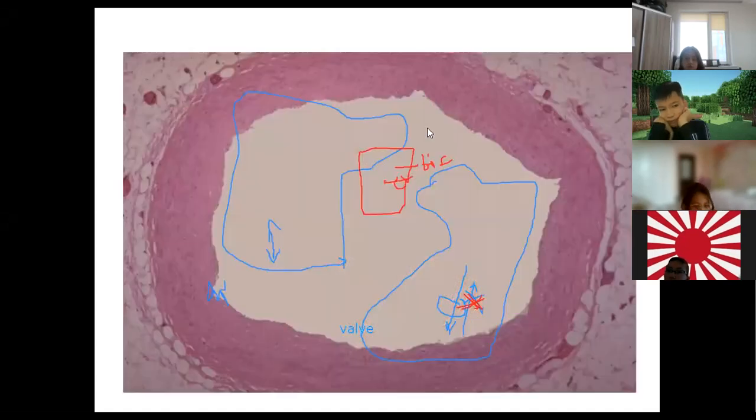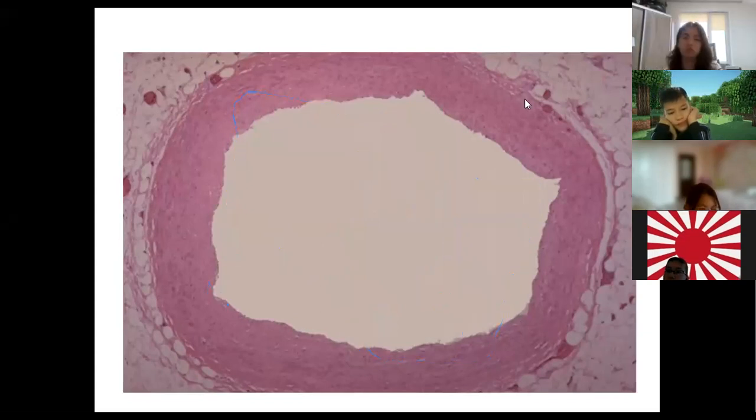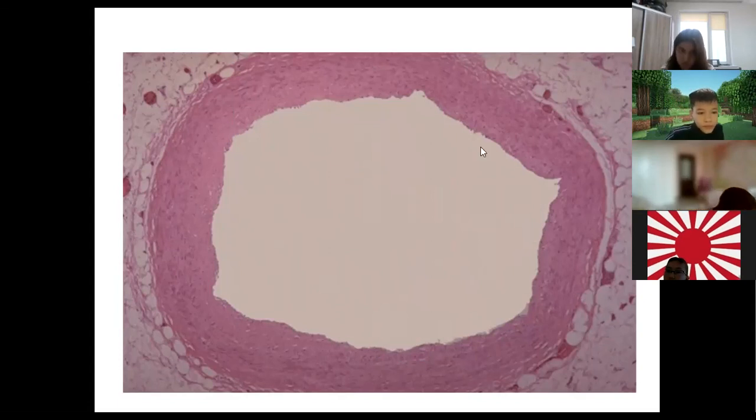Eleanor, be ready. Oh, I must clean this. This is under the microscope, colored. Which vessel is it? A more complex question for you. What do you think? I think it's a vein.